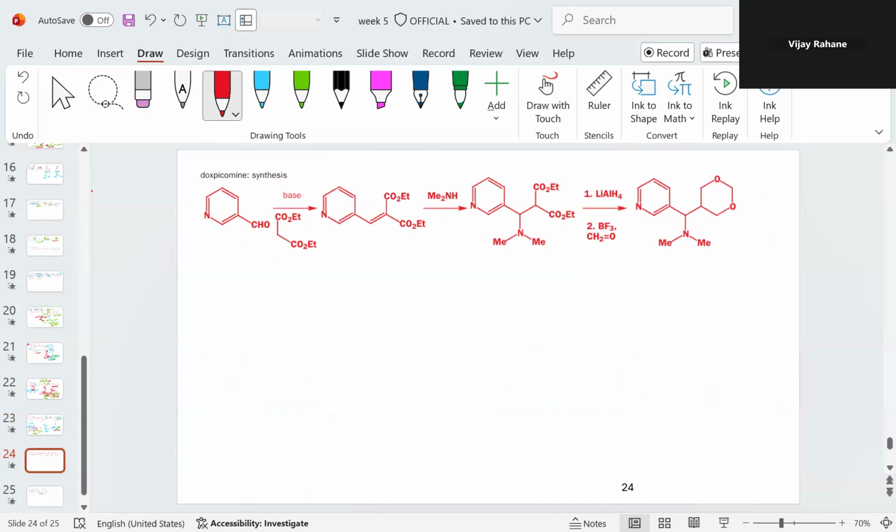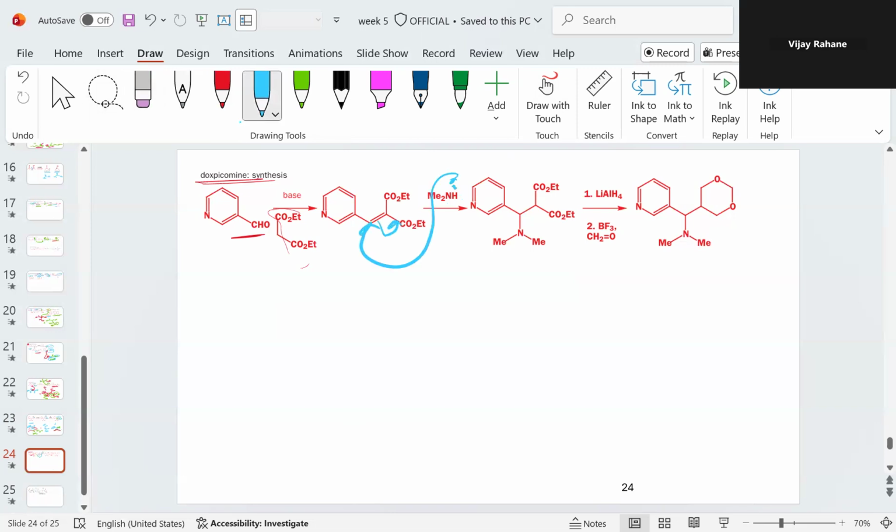So this is the aldehyde. When the aldehyde reacts with diethyl malonate, it can form this alpha,beta-unsaturated diester, right? And when it reacts with N,N-dimethylamine, this amine can attack on this position of the diester.